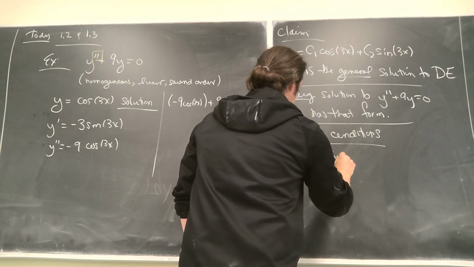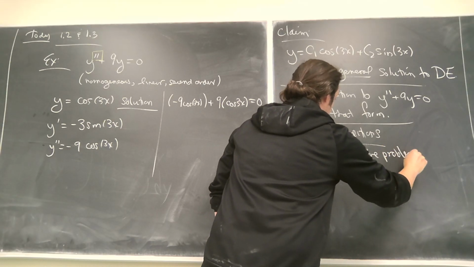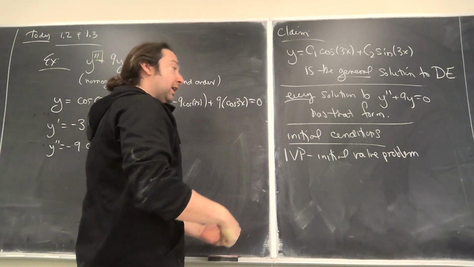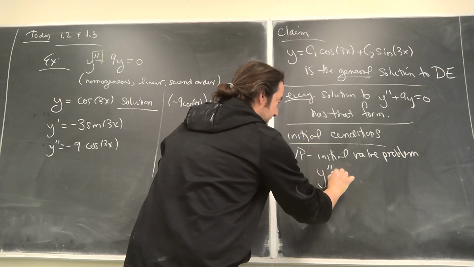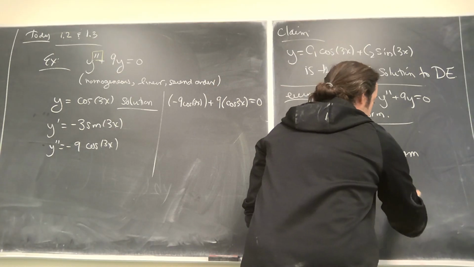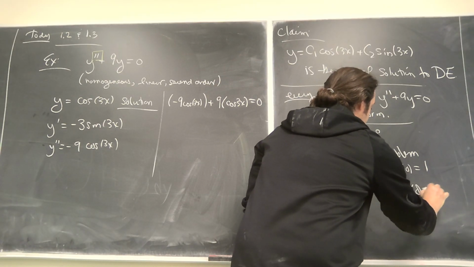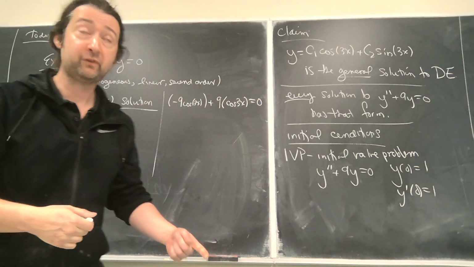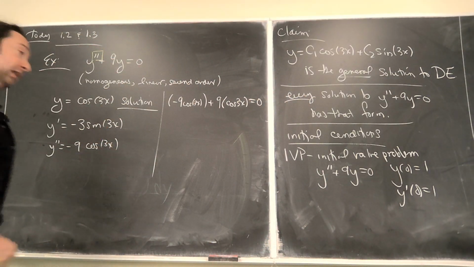So in a particular physical instance, I might say, hey, I've got this thing that's modeled by the equation y prime prime plus 9y is equal to 0, and also y of 0 is equal to 1 and y prime of 0 is equal to 1. Two pieces of information because I was working with two unknowns.